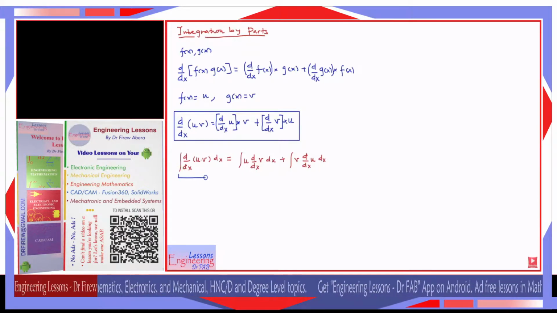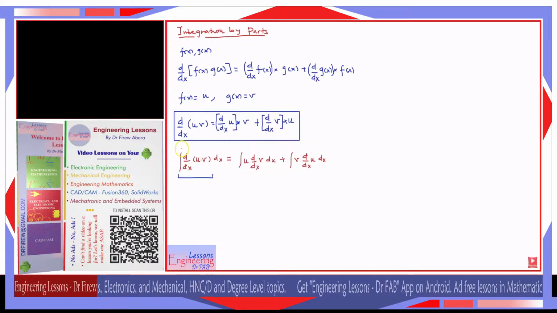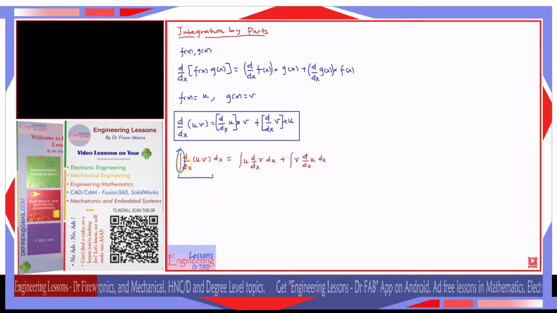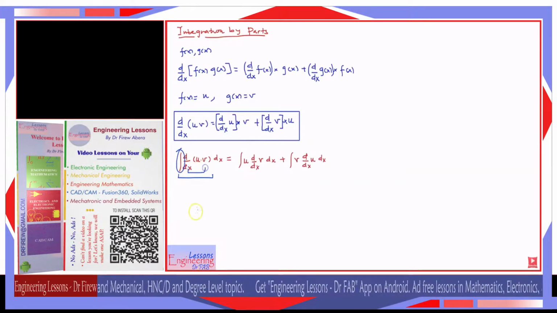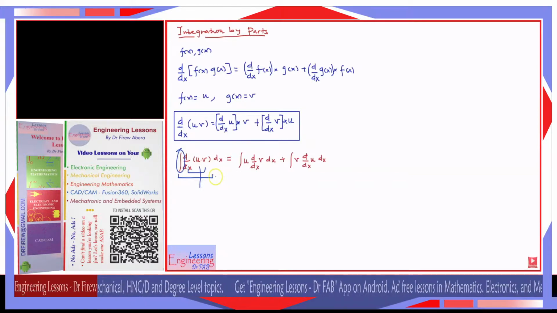So what we are looking at is the integral of a derivative of a function, which is the function itself.